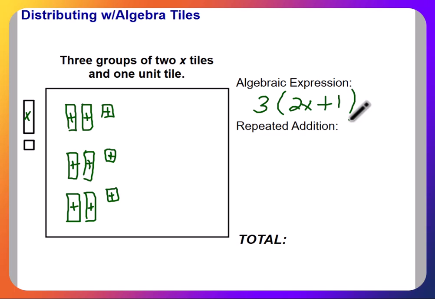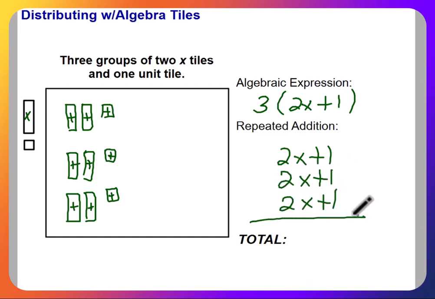Then we can show this, because when you're taking 3 groups of something, that's the same as multiplying by 3, right? So we can show this multiplication as repeated addition. We're taking the 2x plus 1 and we're adding it together 3 times. Add the constants: 1 plus 1 plus 1 is a positive 3. Add your x's: 2x plus 2x plus 2x is 6x.